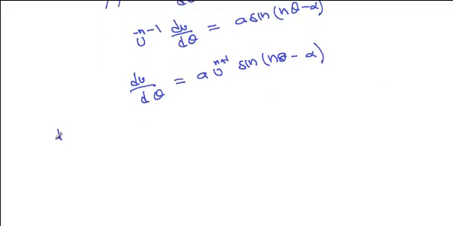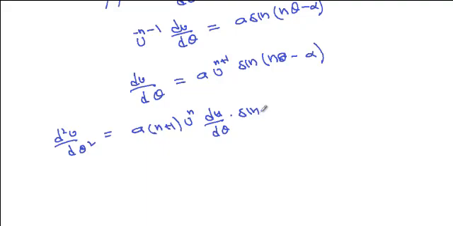Now take the second derivative, d²u over dθ². By the chain rule, we take the derivative of the first term, A(n+1)u^n, as this will be n+1−1, so we are left with n, and then du/dθ, and the second term as it is, sin(nθ − α), plus the first term as it is, A u^(n+1), and the derivative of the second term, cos(nθ − α) into n, which we wrote earlier here.